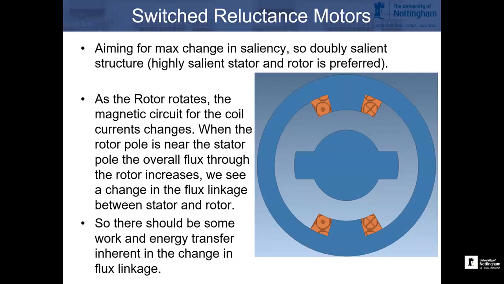So going on briefly to switch reluctance motors. As I've said, this is what Tianji covered with you, but switch reluctance motors are machines that are relying on that saliency effect. So typically these are doubly salient in that we want a high degree of saliency on both stator and rotor to give us that maximum change in magnetic stored energy as the rotor rotates.